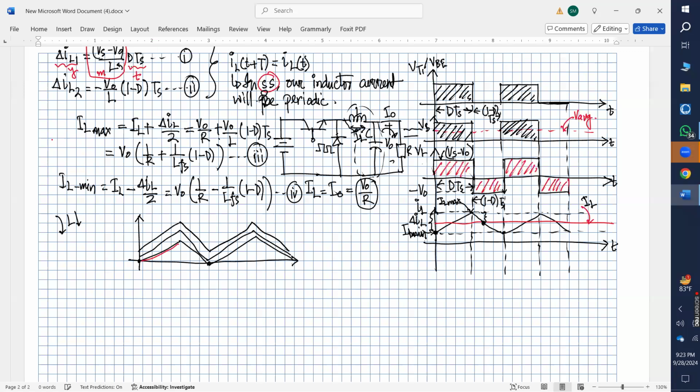It will go to a lower value, reach 0, and stay at 0 for some time. Then again it will start to charge, and then go to 0, and there will be no current for some period. So this mode where your current goes to 0 and there is no current for a certain period of time is called discontinuous mode.